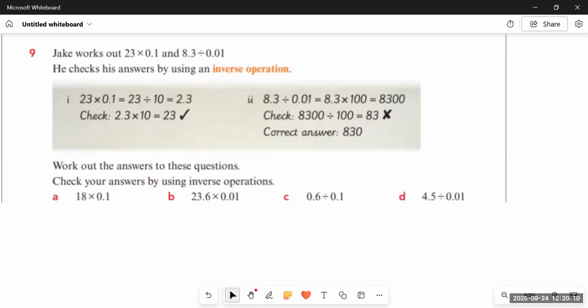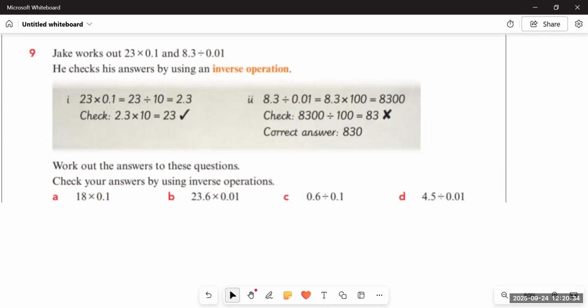Now, in question number 9, it says Jake works out 23 into 0.1 and 8.3 divided by 0.01. Here, he is multiplying a number by 0.1 and dividing another number by 0.01. He checks his answers by using an inverse operation. 23 times 0.1 is 23 divided by 10, which is 2.3. And when you multiply 2.3 with 10, it is 23.